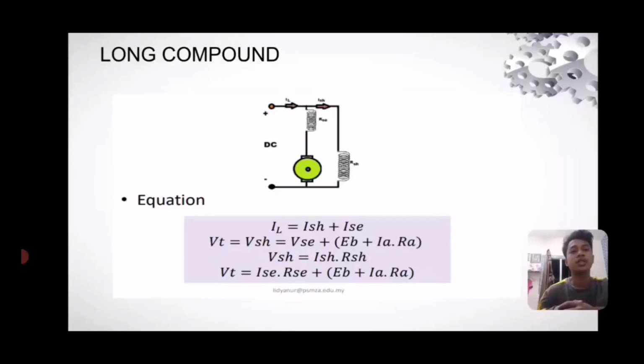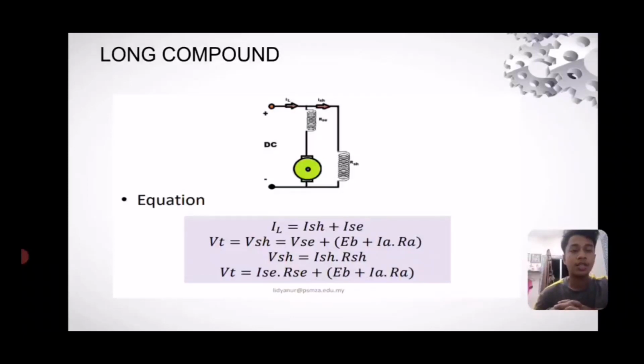This is long compound. A long compound DC generator is one in which the shunt field winding is in parallel with both the series field and armature winding. These are the equations for long compound. 1.